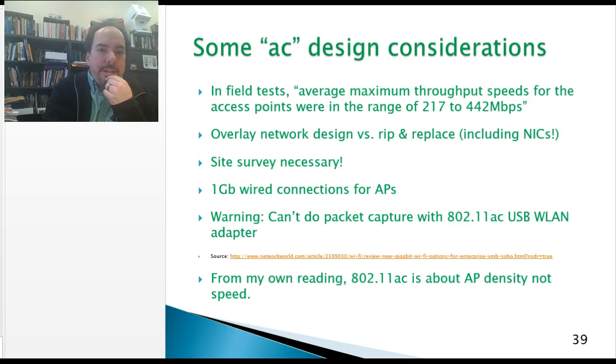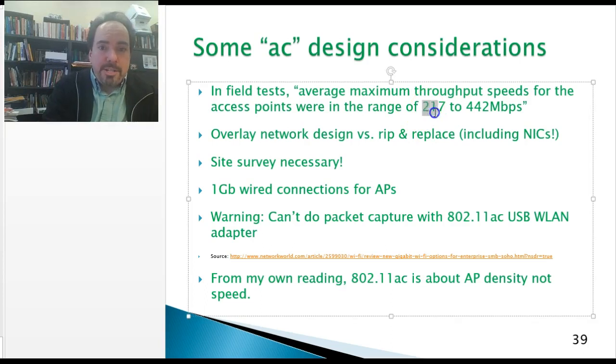Some points I'd like you to consider before you think about making the jump from N to AC. Now, if you do this at home, it's a no-brainer. But in the workplace, you have to really give it some thought and come up with an elegant design that's going to meet the business needs of your organization. So the first thing is to set the expectation with everybody that even though it's called gigabit Wi-Fi, you're not going to see gigabit speeds.